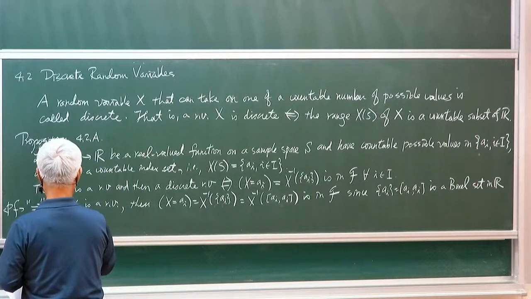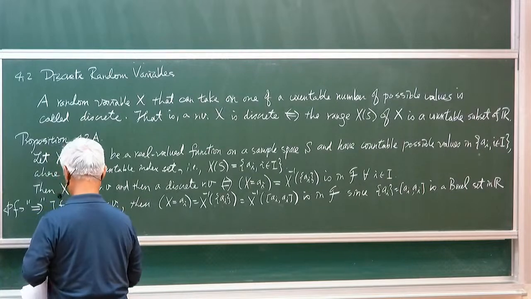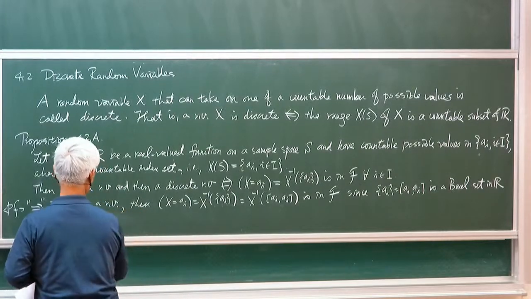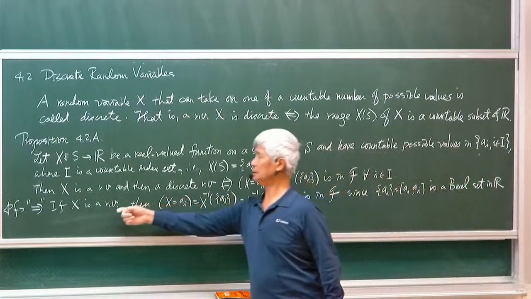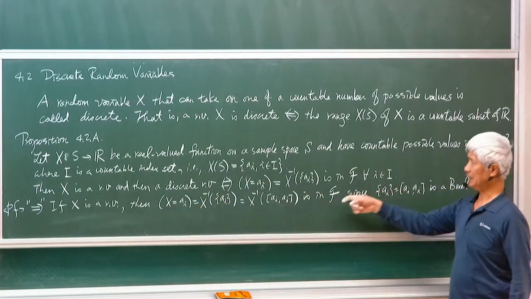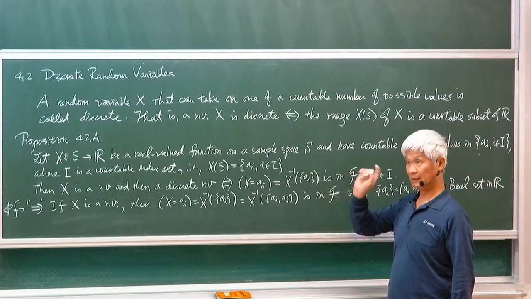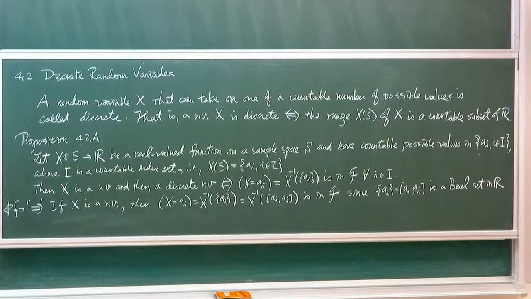And by proposition, the Borel set. Because X is a random variable, the inverse image of a Borel set is in F. It's an event of interest by the definition of a random variable.